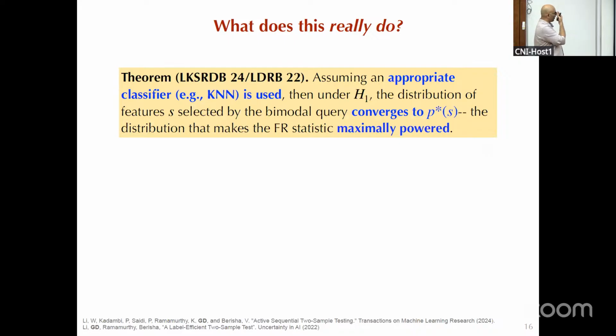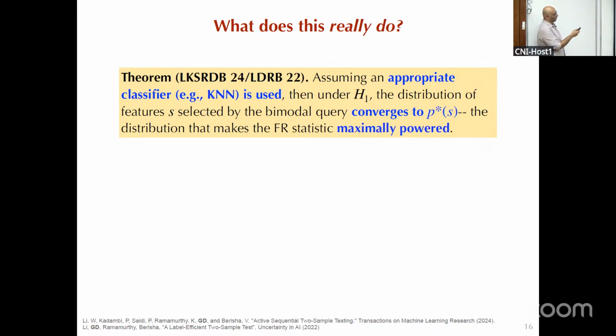Okay. So what does this really do? I don't know if you're from a slightly theoretical bent, maybe that picture doesn't satisfy your curiosity. And I have a sort of a sketch of a theorem statement here. And then I'm happy to chat about all the details, either through questions or offline.